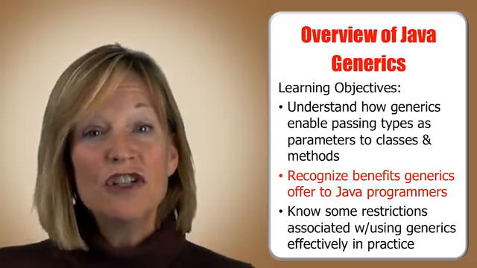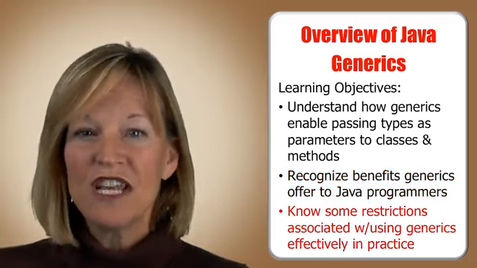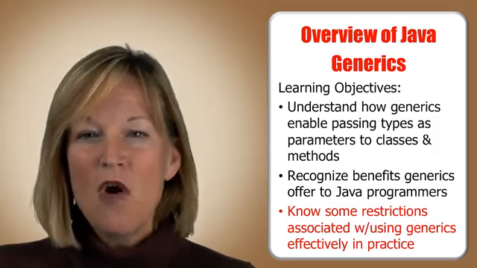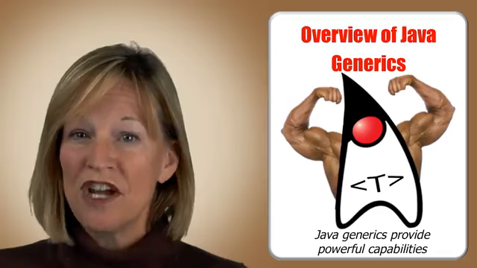Finally, you should know some restrictions associated with using generics effectively in practice. When generics are used properly within the constraints of Java's runtime environment, they provide powerful capabilities, such as stronger type checking at compile time and systematic reuse via generic programming.